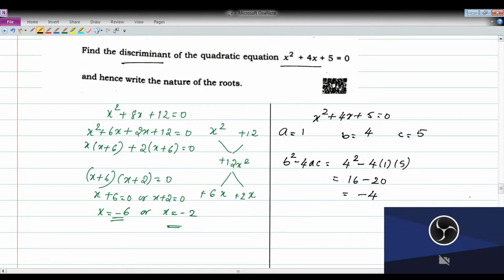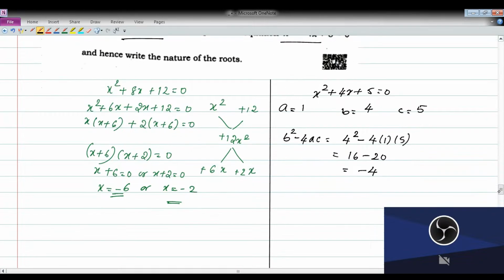Right, so now I need to tell what kind of roots the given equation has. Since it is asked to write the nature of roots, I should also state the nature. As the discriminant is equal to minus 4, which is less than 0, a negative number, the roots of the quadratic equation are not real, or we can say it is imaginary.